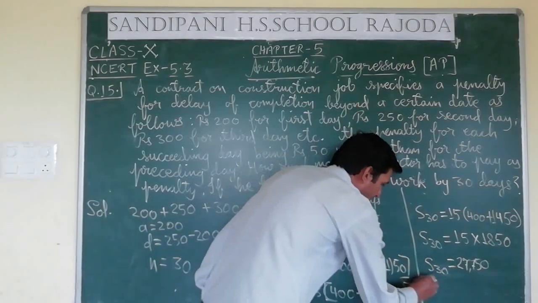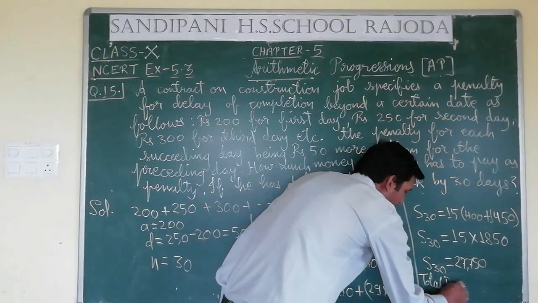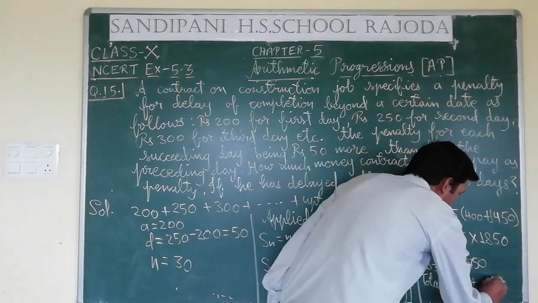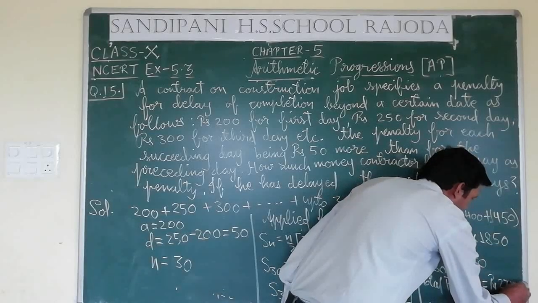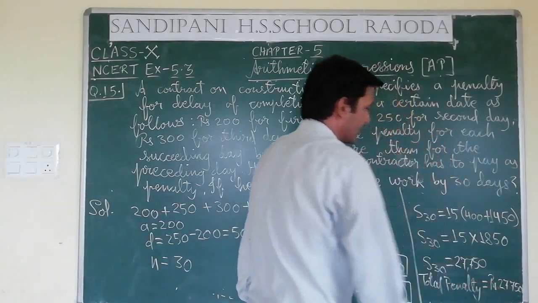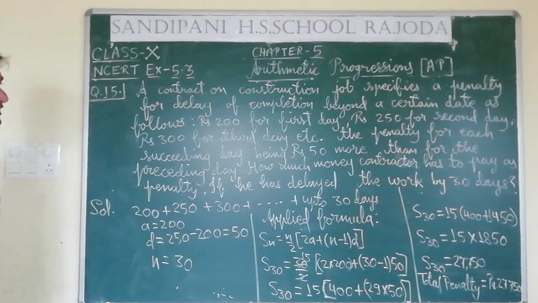Means total penalty is equal to rupees 27,750 rupees. This much penalty he has to pay, that contractor. So this question number 15th is now over related to arithmetic progression.